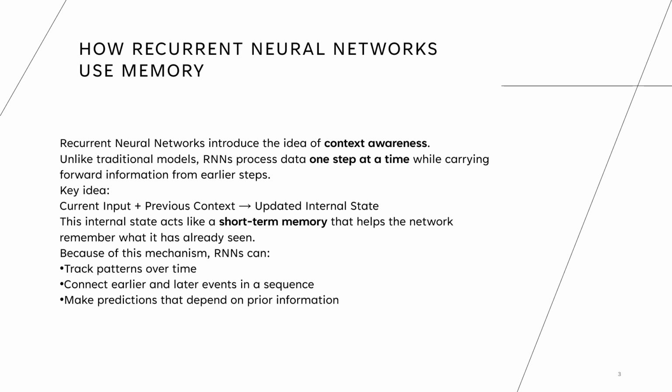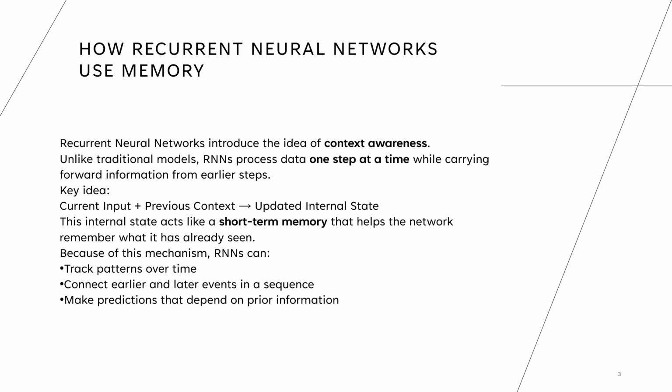When the model reads the first item in a sequence, it forms an internal representation of that information. When the second item arrives, the network combines that new input with what it has already stored. This process continues as the sequence unfolds. In other words, the network is continuously updating its internal state using both new information and prior context.